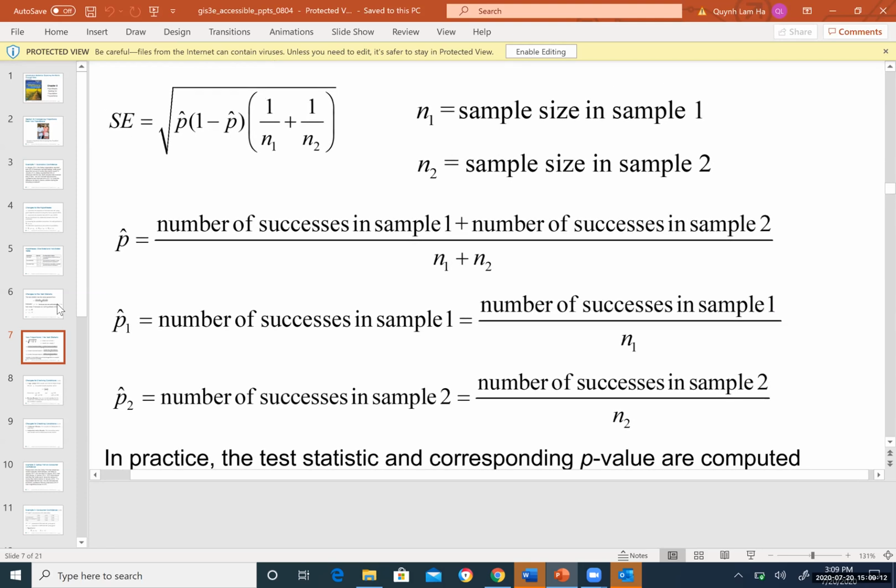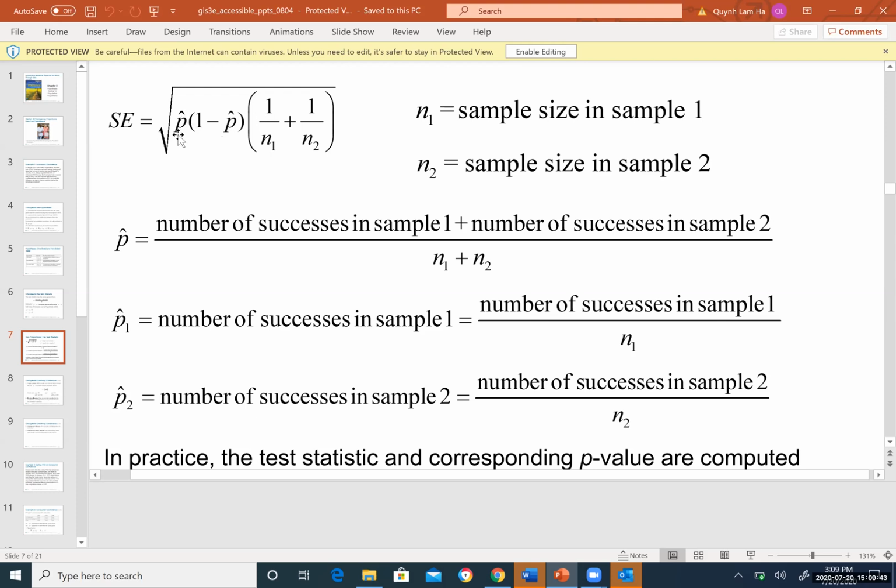In order to compute the standard error, you have this formula above here in your left corner. So SE will be equal to the square root of everything: the square root of P hat times 1 minus P hat. Some people replace this parenthesis right there with Q hat. So if you got the value for P hat, you can find this easily.